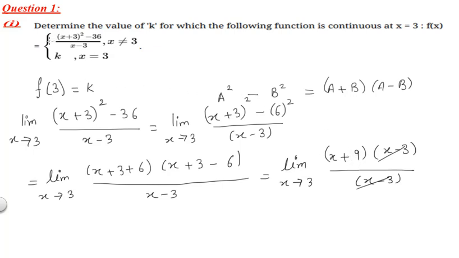That means when we solve this expression, we are getting a polynomial x plus 9, and a polynomial function is always continuous. So we can directly put in the limit here. We will get 3 plus 9, which is 12. Hence it will be equal to k because it is continuous. So the value of k will be 12 here.